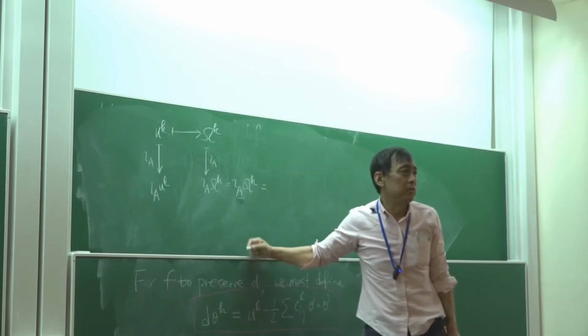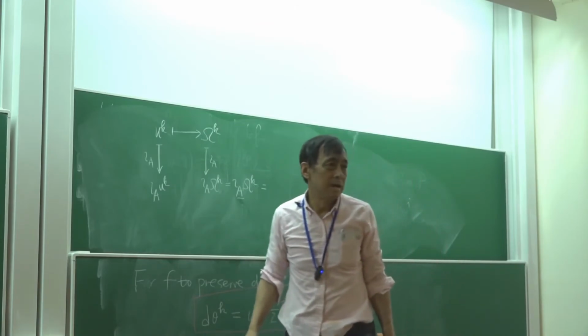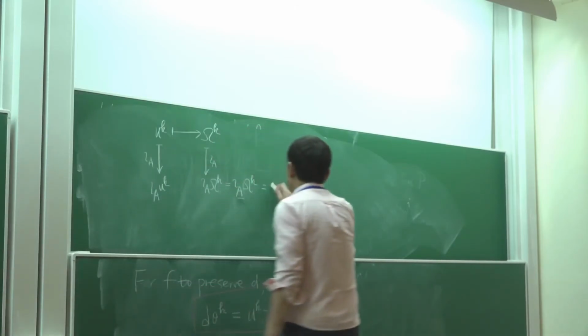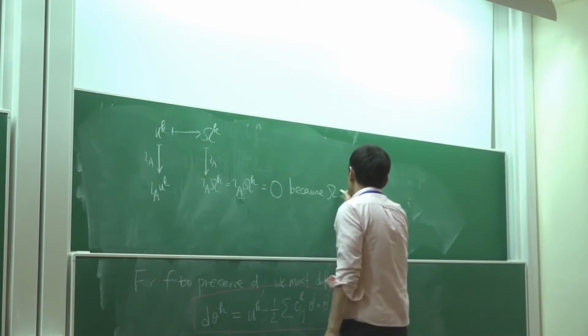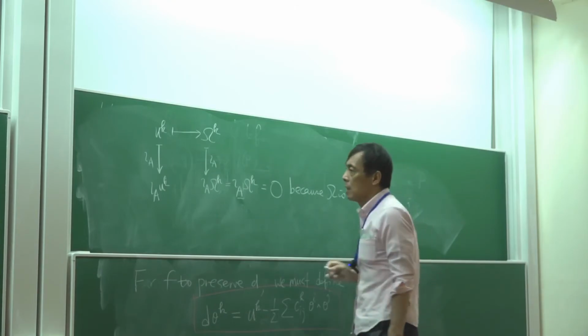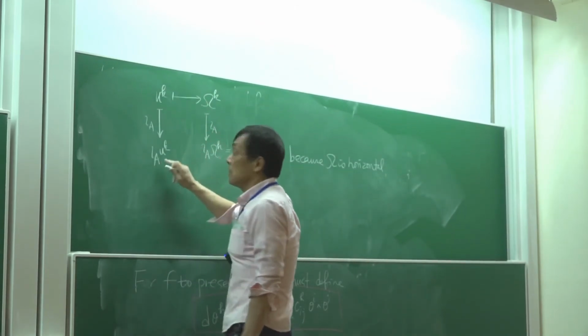And what is that equal to? You know, A bar is a vertical vector field. It's zero, right? Because omega, the curvature, is horizontal. So this must be zero.